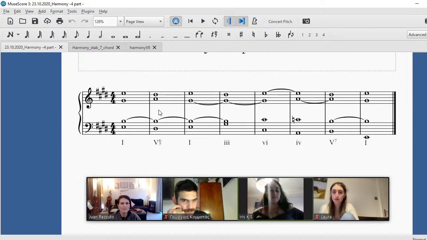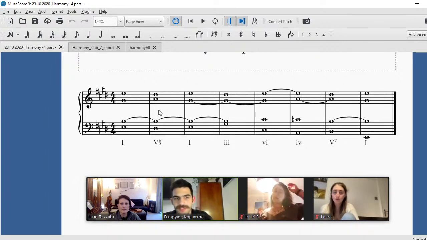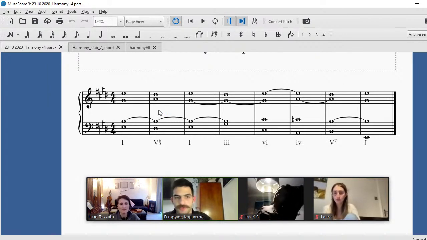Nothing. The obvious. What do you say about the D? You have two Ds. That's the thing. But also the seventh is important because you have to prepare the seventh. And the two leading notes, not good.